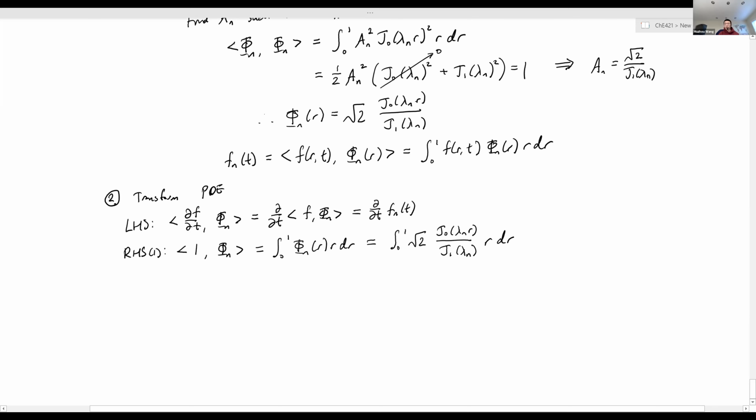And so now it's just a matter of evaluating this integral. It's not anywhere near as intimidating as it looks. All these things over here are actually constants, and so I can just pull them out. That should be an n, my bad.